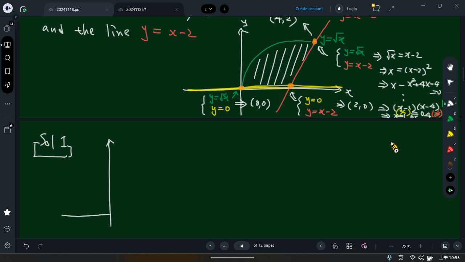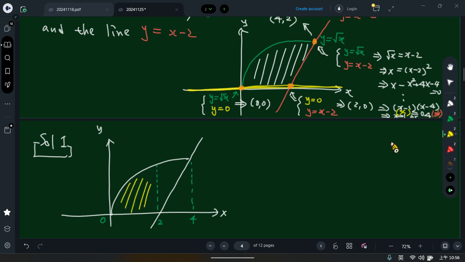My idea is here and also here, right? So my idea is I just divide it into two pieces. The first one is from 0 to 2, then 2 to 4, right? So there are 2 parts. The first part will be here. The second part will be here.